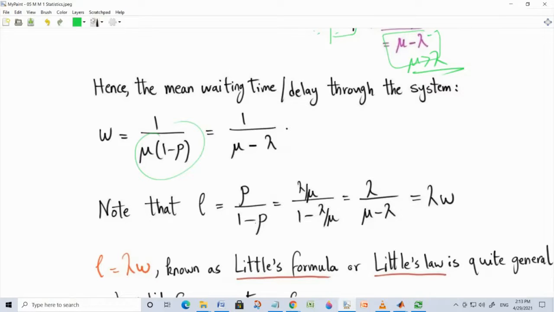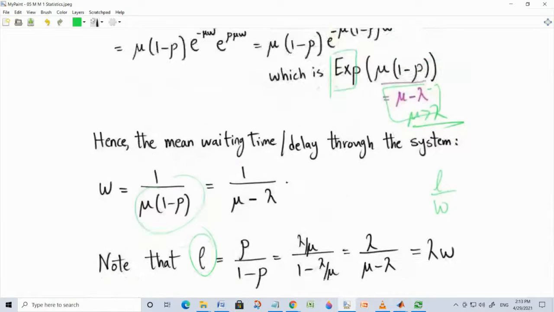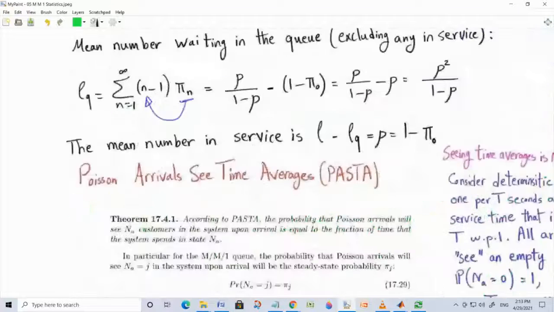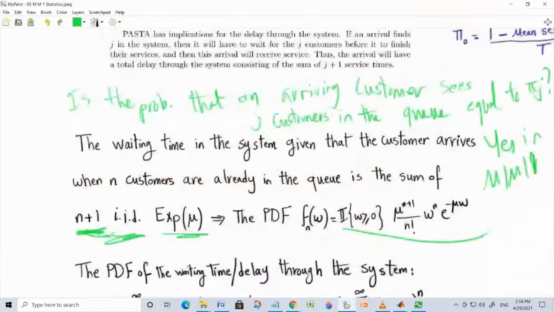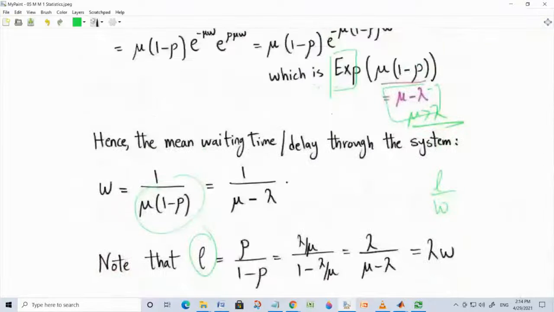Note the following: take the ratio of the average number in the queue over the average waiting time. One of them is rho over 1 minus rho, and the other is 1 over mu multiplied by 1 minus rho. Let's actually do it.